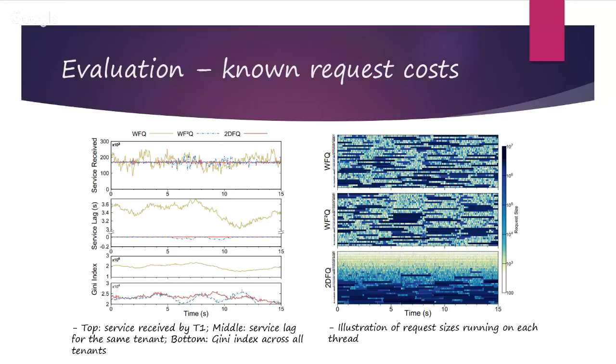As we can see, two-dimensional fair queueing splits cheap and comparatively expensive requests into separate threads, while weighted fair queueing and worst-case fair weighted fair queueing cannot do so well. Compared with two-dimensional fair queueing, the services provided by weighted fair queueing and worst-case fair weighted fair queueing have large oscillations.